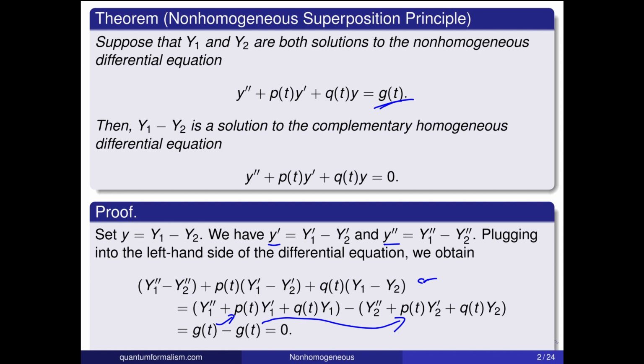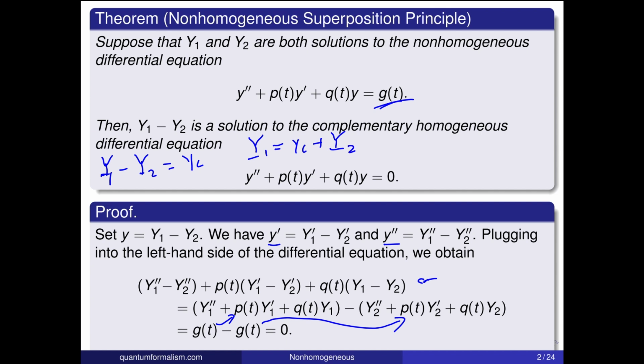So we know that if we have some other solution capital Y1, when we subtract these two, we should get some complementary homogeneous solution. So maybe I'll write that as yc or something. So that means y1 is equal to this yc plus y2.